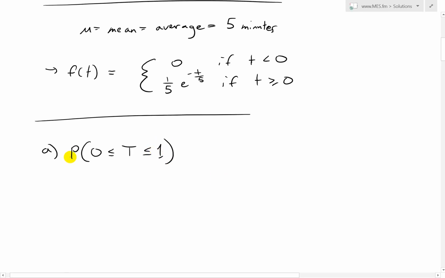So we write this probability with a P, t between 0 and 1, and this equals, like I showed in my earlier videos, the area under the curve of the probability density function from 0 to 1, which is the integral of f of t dt.